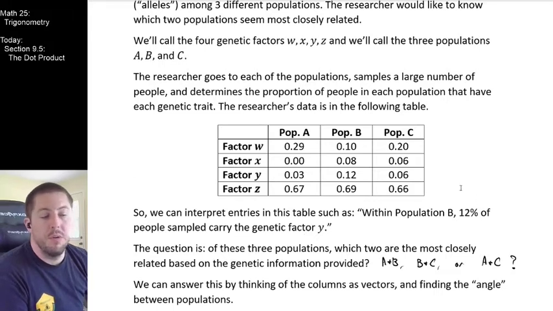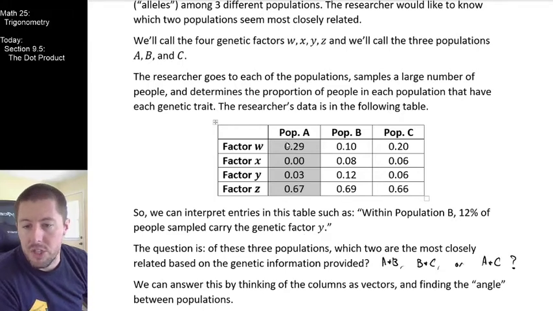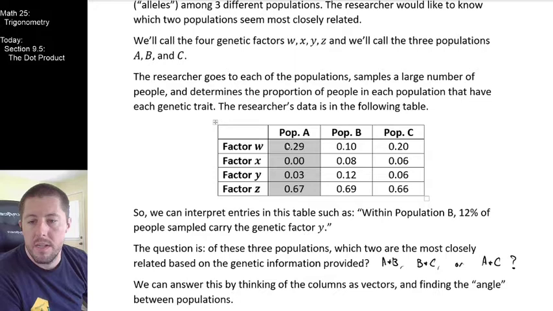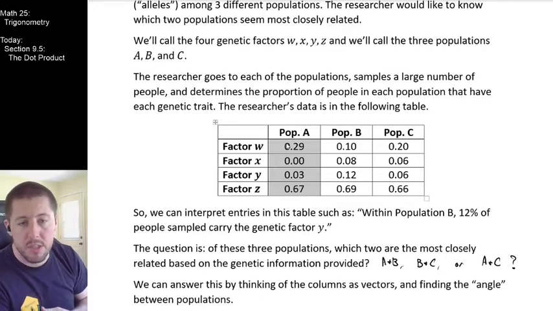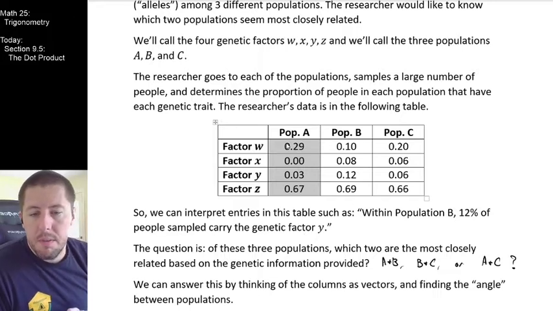So what we can do is think of these columns, the proportions of each genetic factor observed in a single population, as a vector. This is a four-dimensional vector, a 4D vector. I'm no longer trying to picture something in XY coordinate space or even XYZ three-dimensional space, but I'm just thinking these are four features that belong to each of the populations.